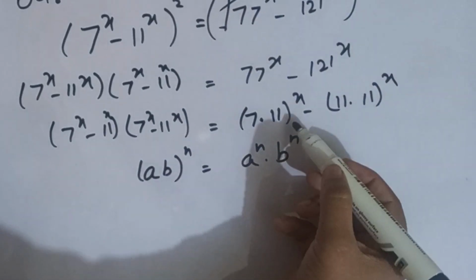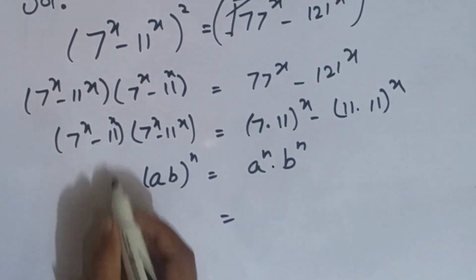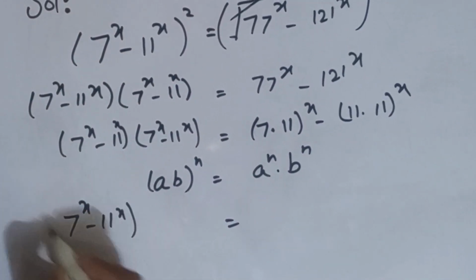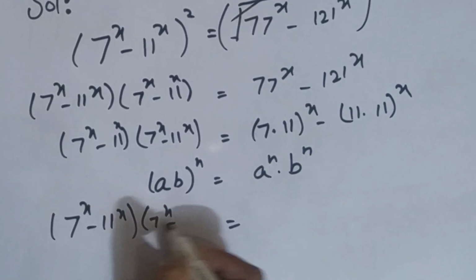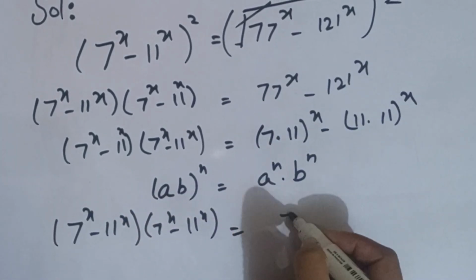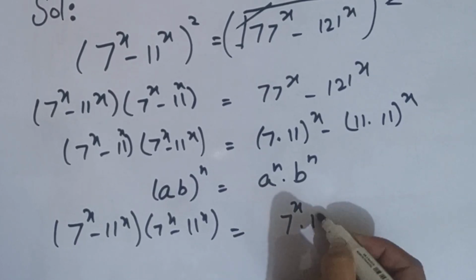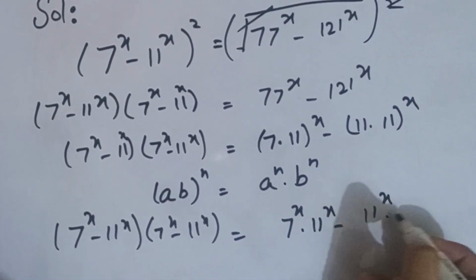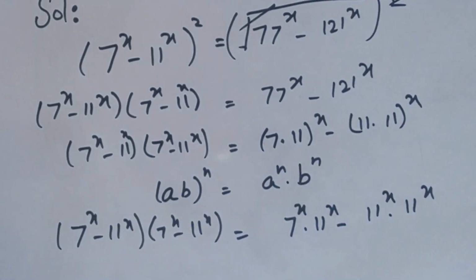We apply this property on the right hand side and we copy the left hand side. The first term will become 7^x × 11^x, and the second term will become 11^x × 11^x.